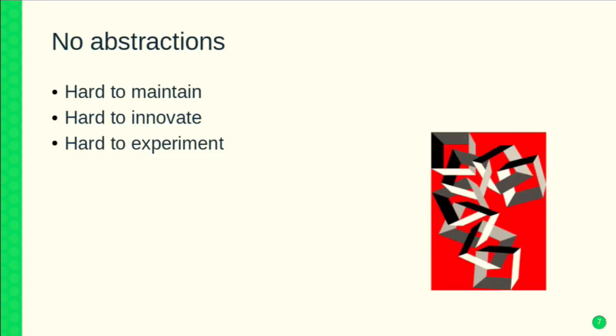And this doesn't help with innovation. It's also hard to experiment, because if you want to experiment with something, you need to buy the devices, wait till they arrive, then plug them, and it's a long process.